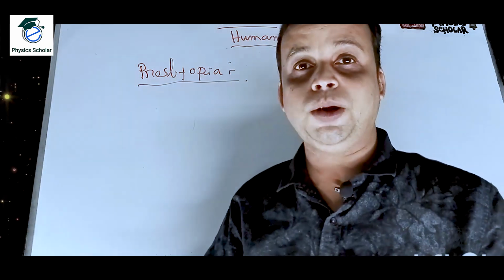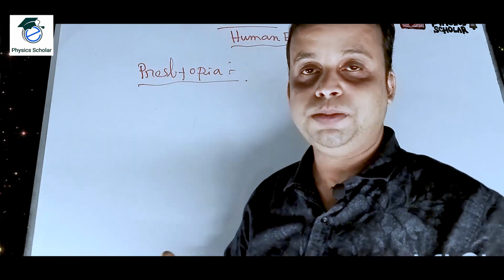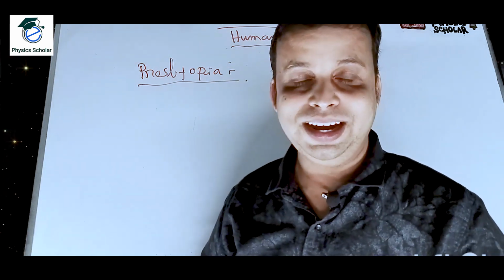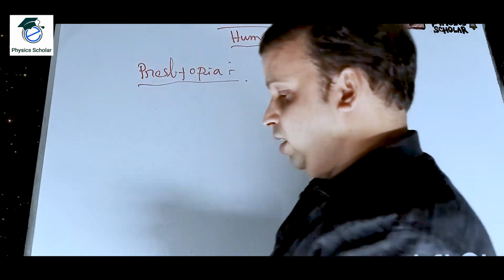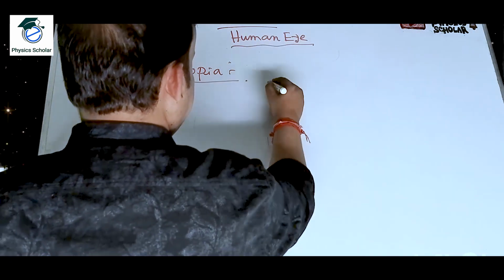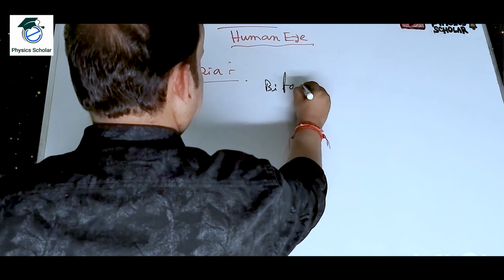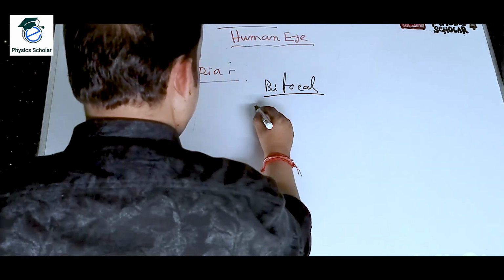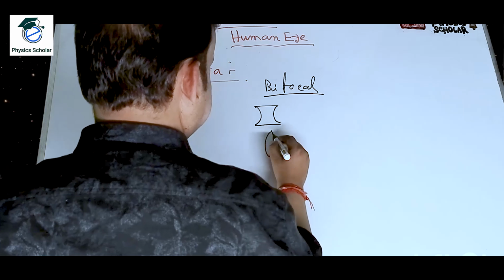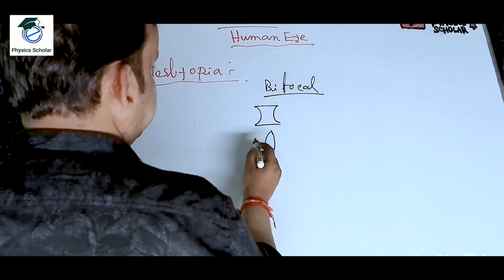They may face a problem seeing the distant object as well as the nearby object. In that case bifocal lenses are used. Bi means two, so here both concave and convex lenses are used in the glass.